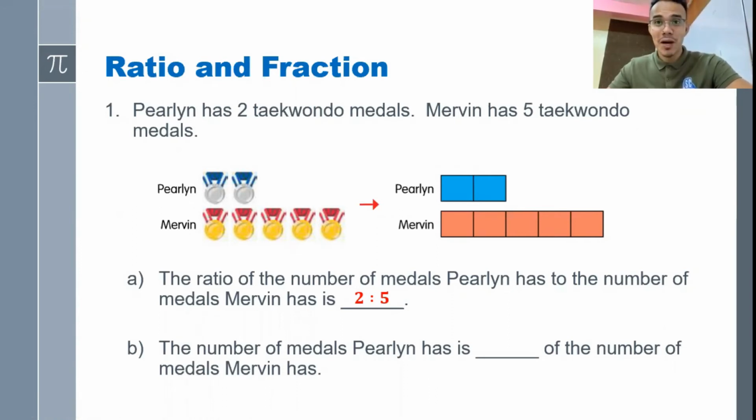Perlin has two parts, and two parts is just 2/5 of Mervin. The number of medals Perlin has is 2/5 of the number of medals Mervin has.